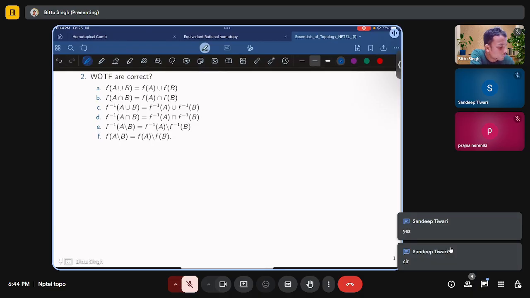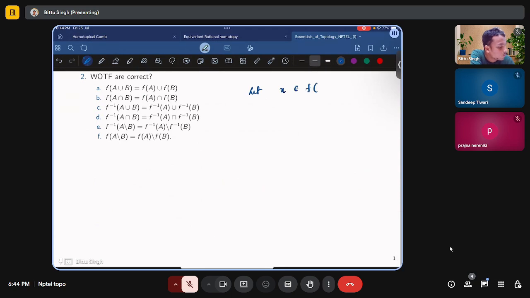For example, suppose we check in this way. Suppose x belongs to f of a union b.